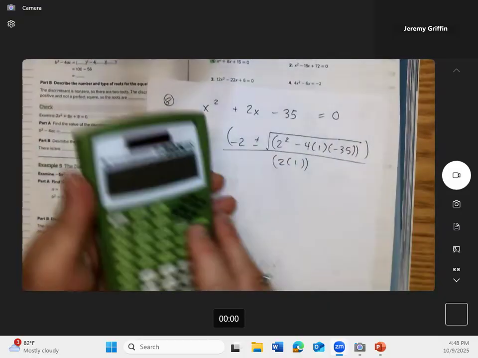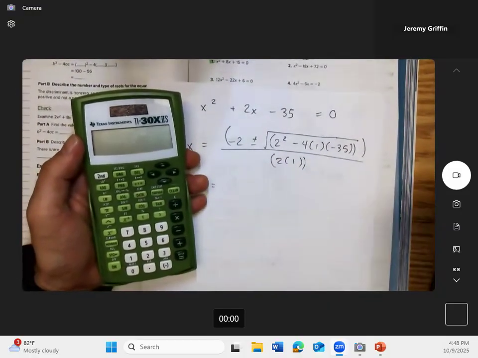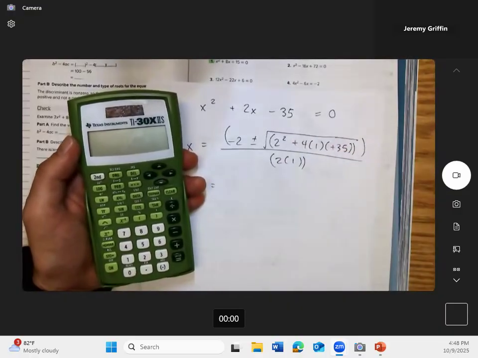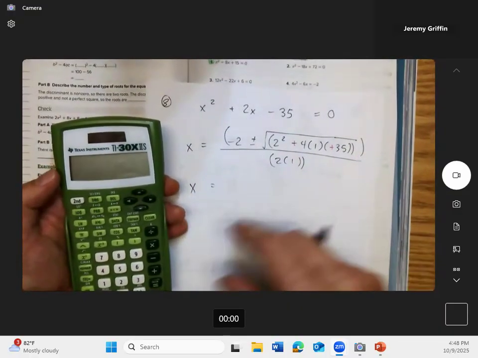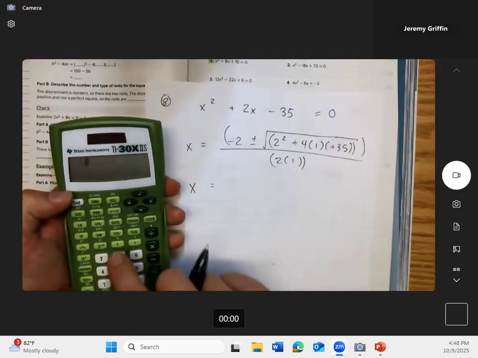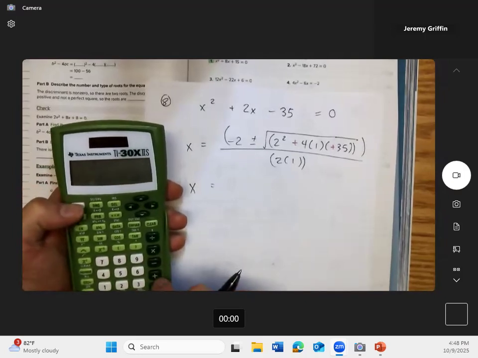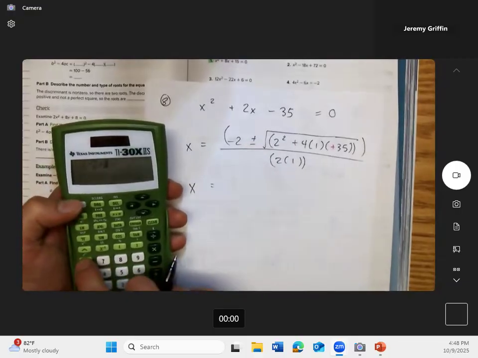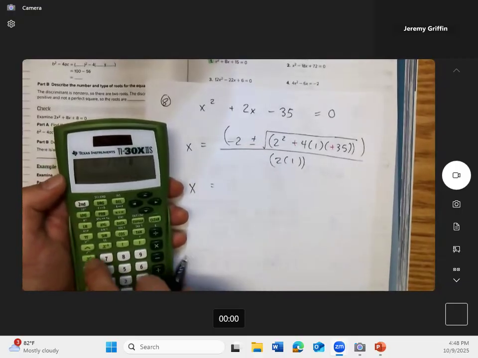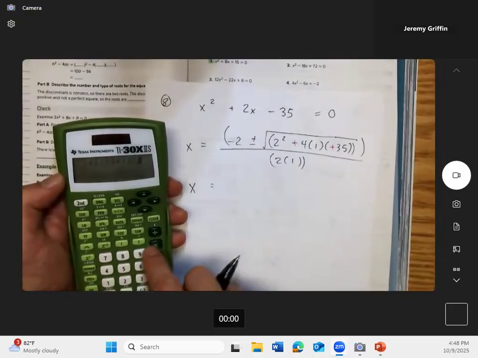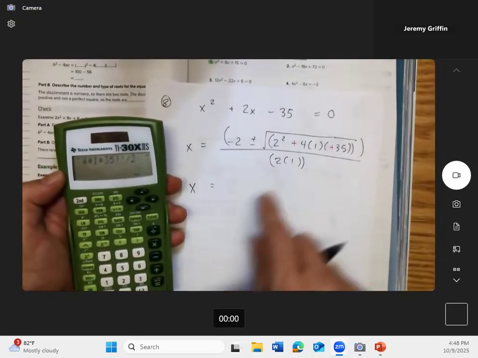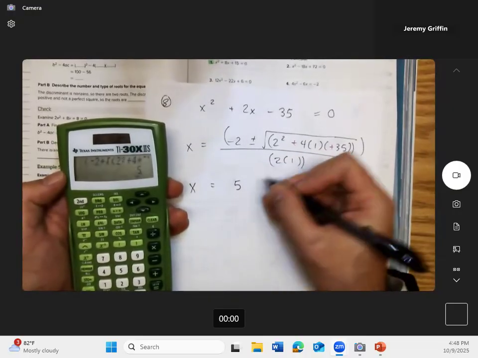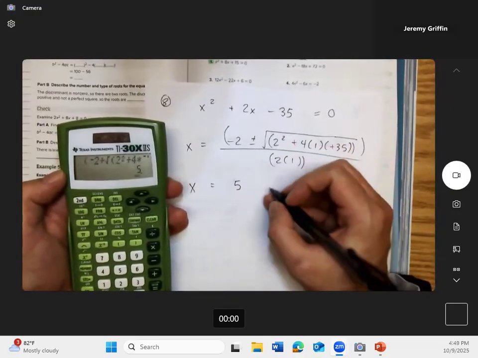Okay, let's say plus first. I'm just going to plug this in the calculator, and if it's a decimal, it'll just round to the nearest hundredth. So negative 2, let's start with the plus. Square root of 2 squared plus 4 times 1 times 35. Close the radical, close the numerator, divide by 2. I'm getting 5.